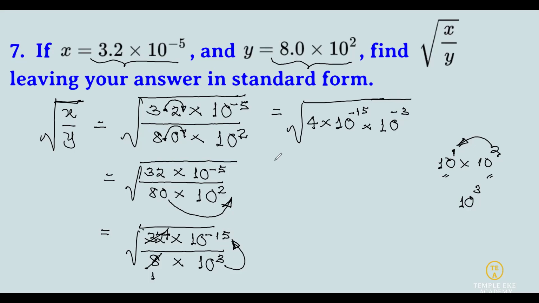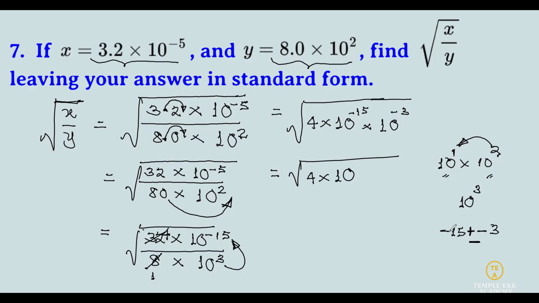Now take a moment to tidy this up. This is going to give us the square root of 4 multiplied by, what's the prevailing power of 10? Minus 5 plus minus 3. Two signs occurring, lock them up: plus times minus, the negative sign prevails.